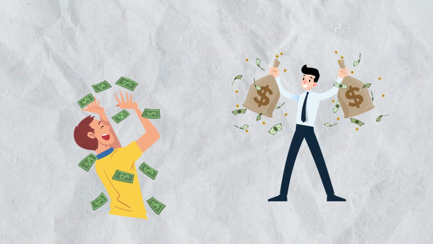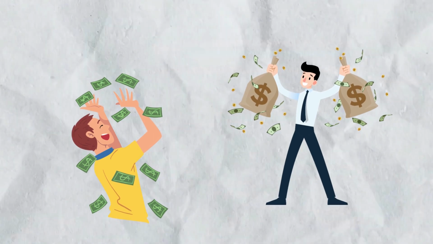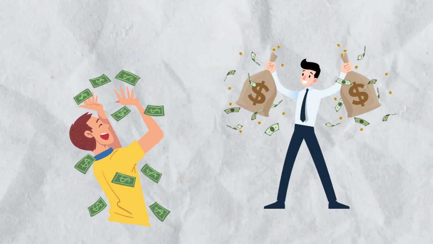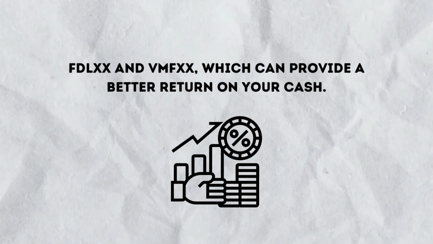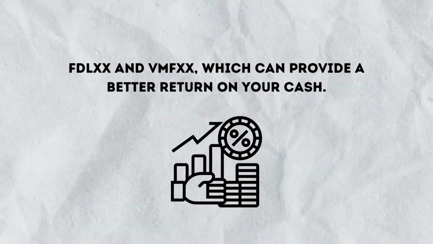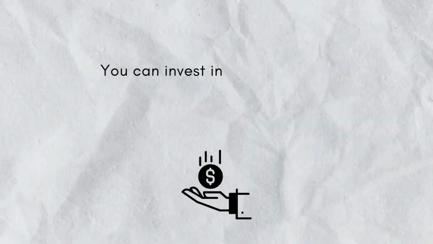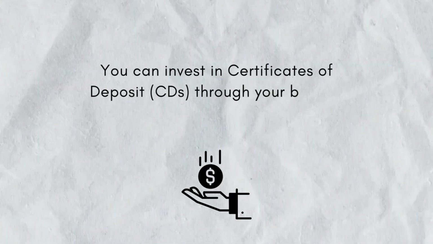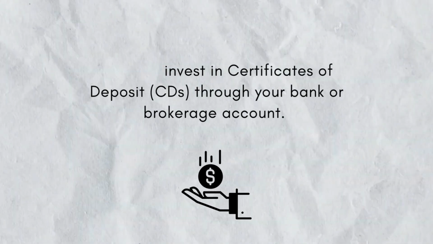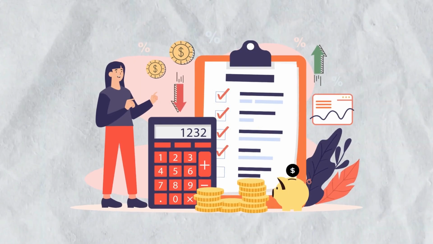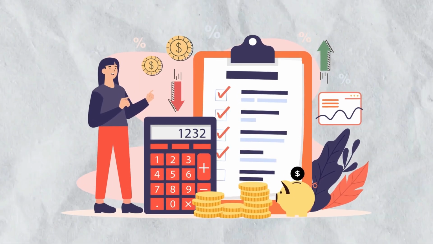Instead, consider investing in cash equivalents like money market funds such as FDLXX and VMFXX, which can provide a better return on your cash. You can invest in certificates of deposits or CDs through your bank or brokerage account. Alternatively, explore savings accounts with decent interest rates.